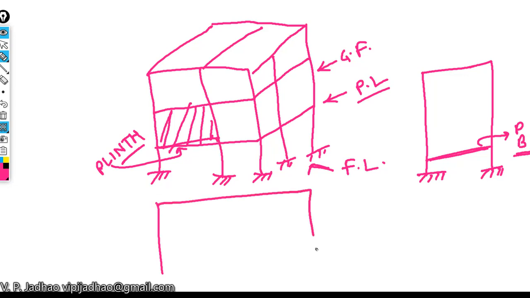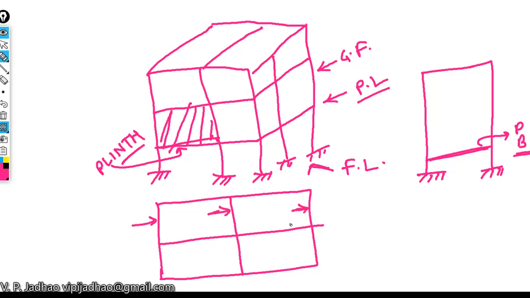In plan, this building will be something like this, and all these beams we consider as plinth beams. How will we provide the plinth beams? We will provide a plinth beam below every 230 or 115 mm thick wall.